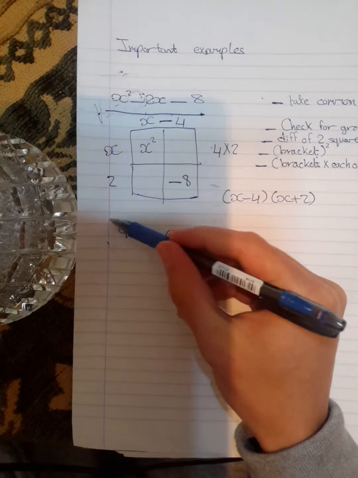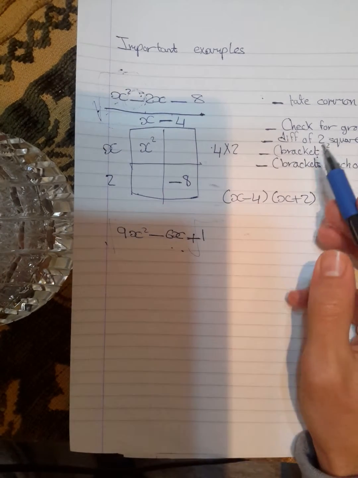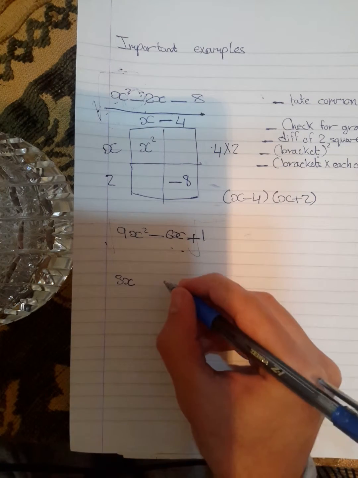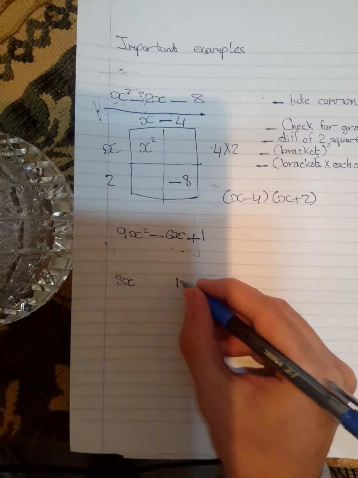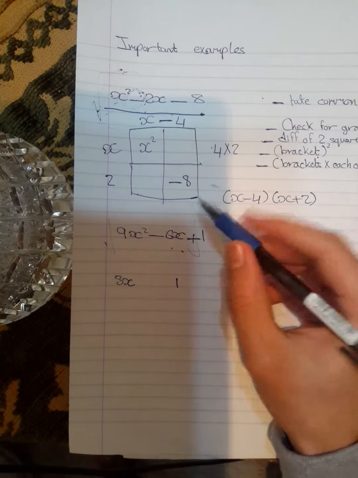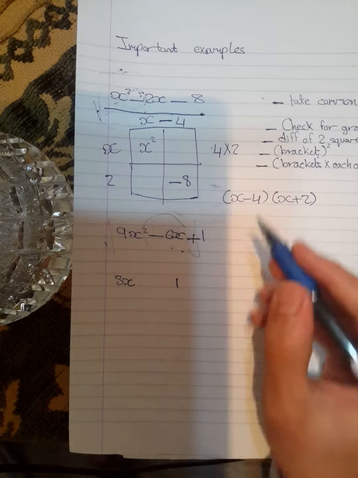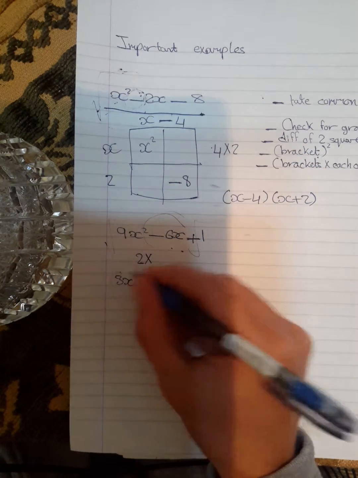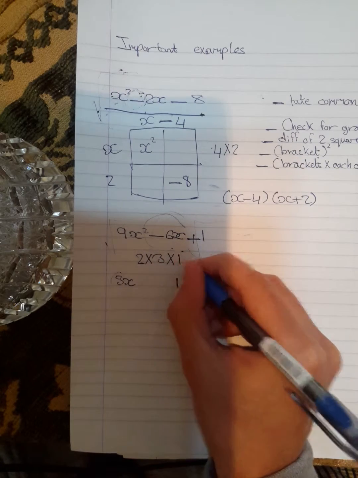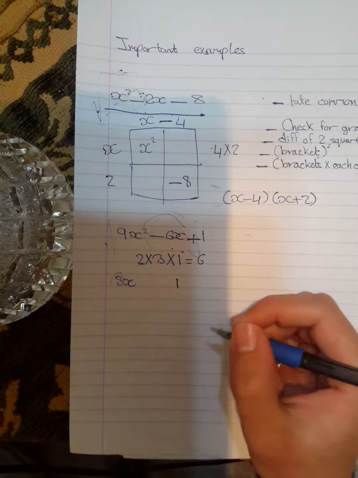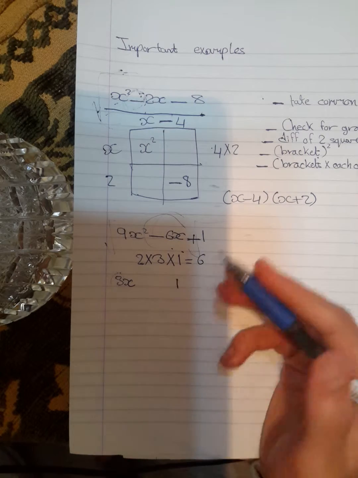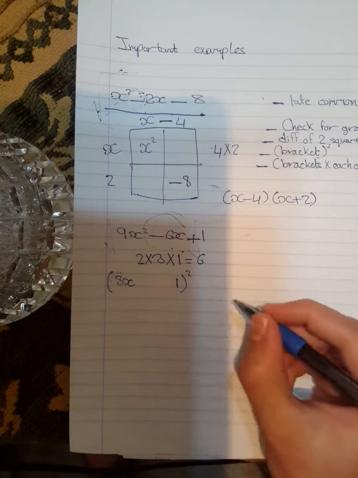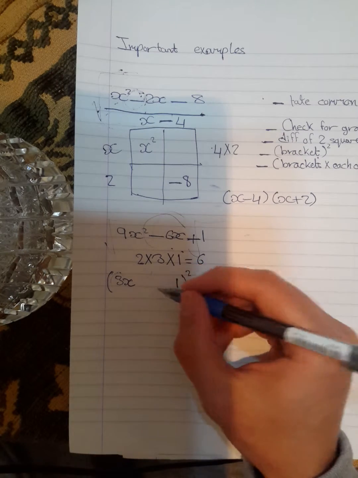Let's check this out. I will fetch the square root, so I have 3x and 1. So I will check the middle term by 2 times the first term, 3 times 1. That gives us 6, and it's positive 6, so it's bracket power of 2. But I don't know, will I put the positive or a negative?